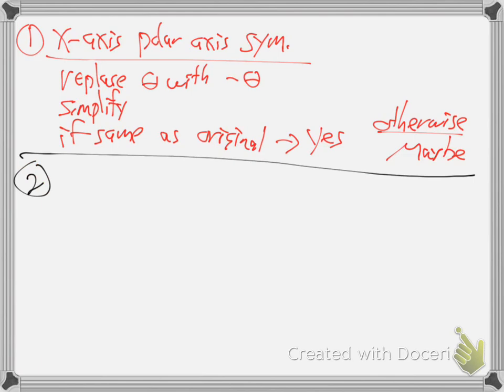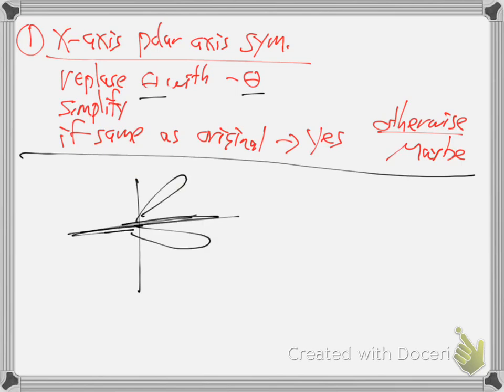Do you notice how the three of them are always replacing something? This first one's theta with negative theta. And what that looks like, x-axis symmetry, is that, here's the x-axis, it would mean the same graph above and below the x-axis. Symmetry means same. My high school English teacher, my senior year, made us memorize tons of prefixes and suffixes. I felt tortured at the time, but she swore it would help us know a lot of words in the future. She was actually right. That's been very helpful.